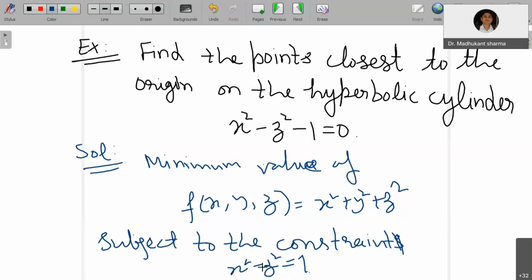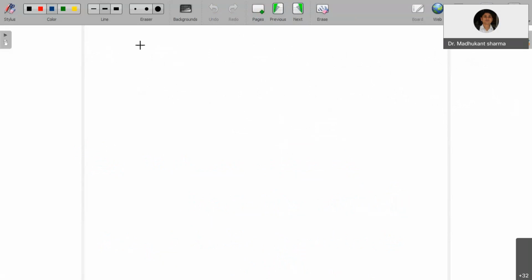Right. Now again, you will opt for the same thing. Let x comma y be independent.